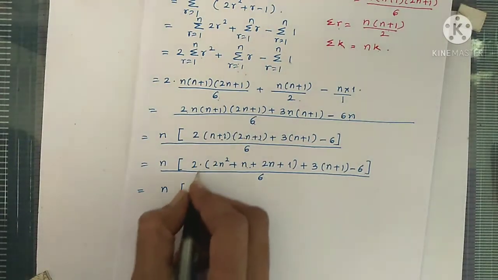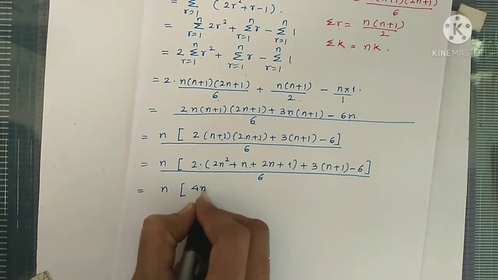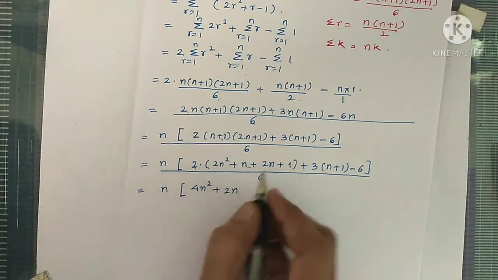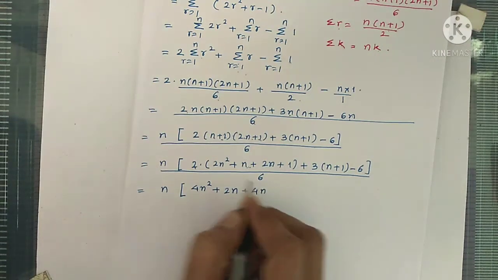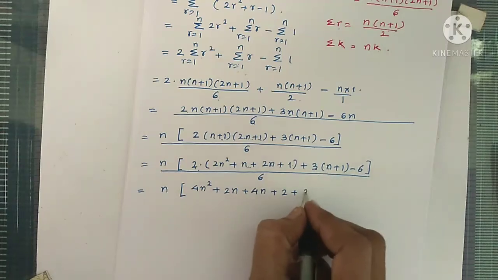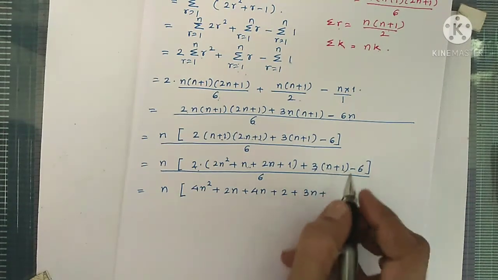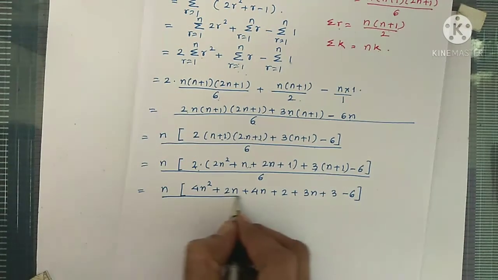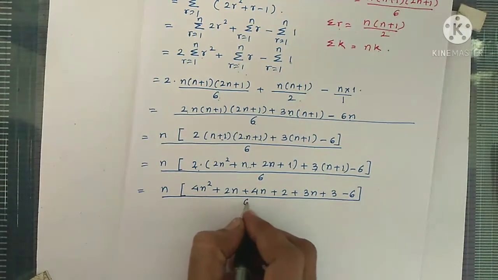So this is 4n square. 2 into n is 2n. 2 into 2n is 4n. 2 into 1 is 2. 3 into n is 3n. 3 into 1 is 3, and minus 6 divided by 6 as it is.